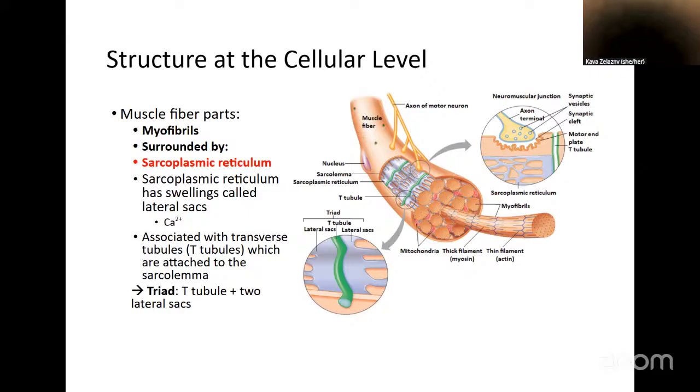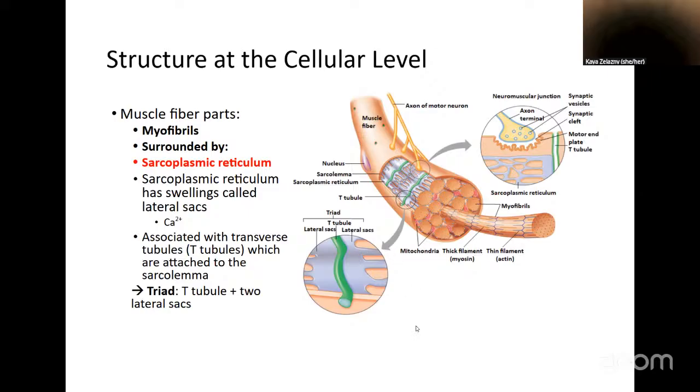Just like calcium in our neurons triggered the synaptic vesicle to send out its neurotransmitters into a synapse, calcium is now going to trigger our muscles to contract as well. Okay. So that calcium is in the lateral sacs of the sarcoplasmic reticulum.